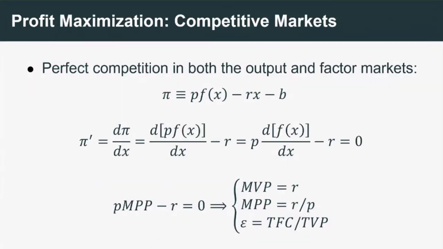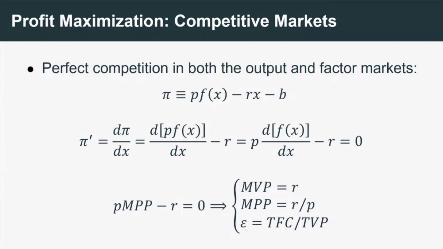The 3 conditions for profit maximization mentioned in the previous slide are more general conditions: MFC equals MVP, second derivative smaller than 0, and positive profit. All of those conditions apply to both perfect competition and imperfect competition.